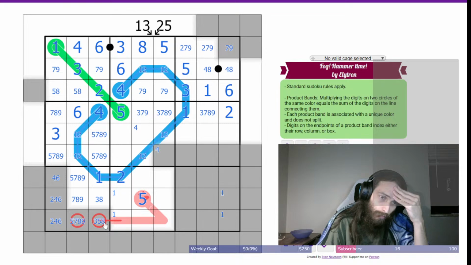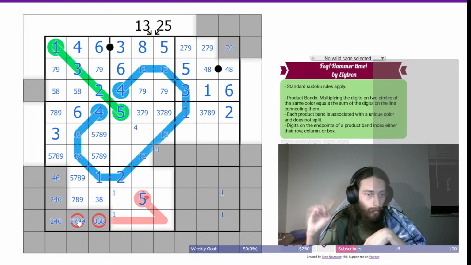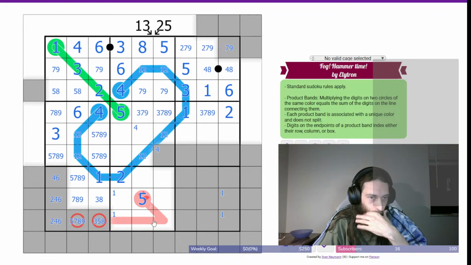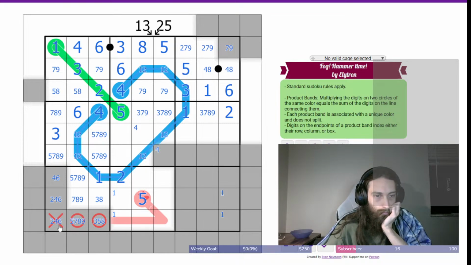If this was the endpoint, it would have to be 9, which would be 45, which is way too short. I guess it could be a 7, but that's 35, and I don't think you can do that. And none of those for 2, 4, and 6 will work for any of it, because it's column 1, rows 7, 8, and 9, and box 7.